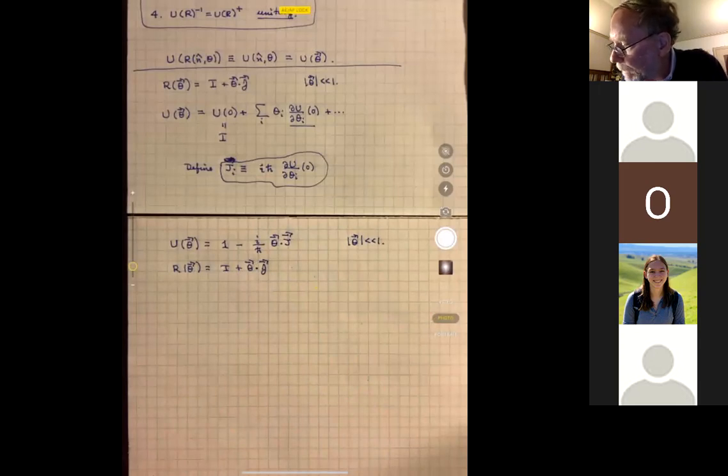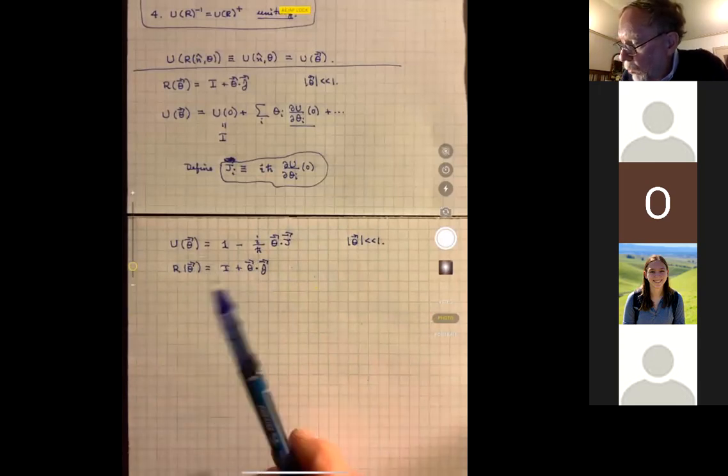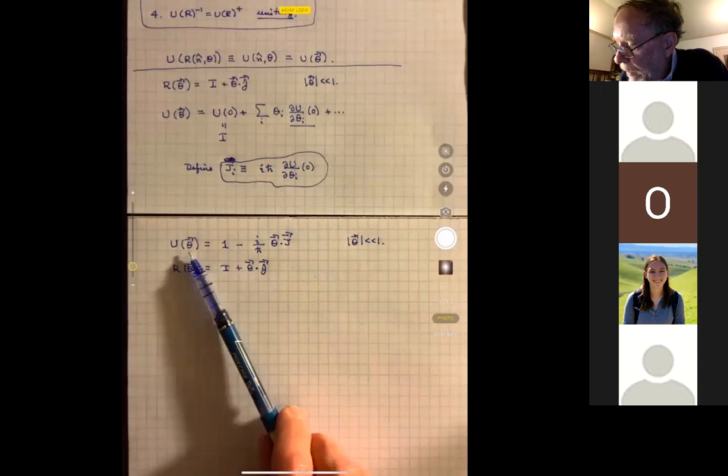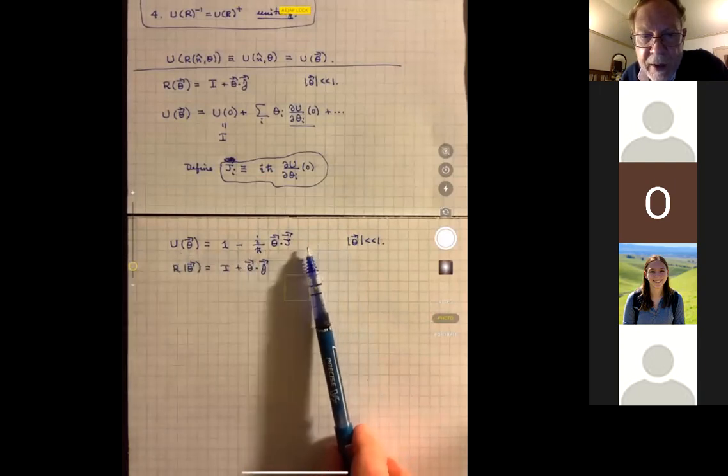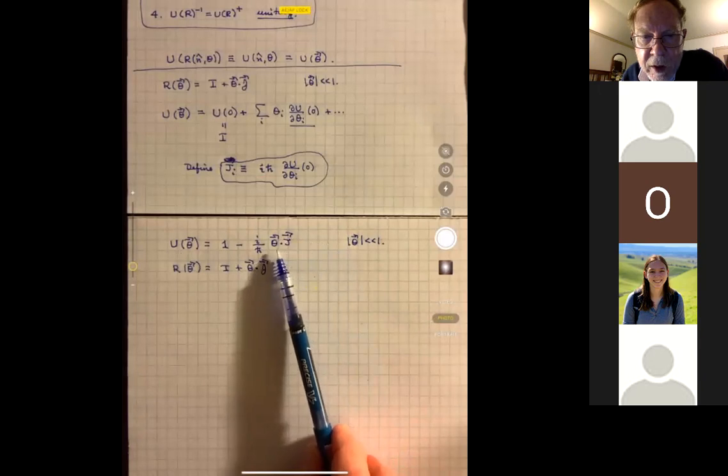All right, now then. We want to find out what the U of theta operator is, and we haven't actually done that, not even for infinitesimal rotations. But we have made progress because we've got the explicit theta dependence taken care of.